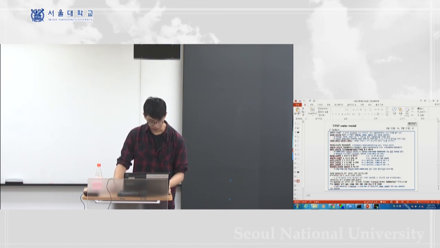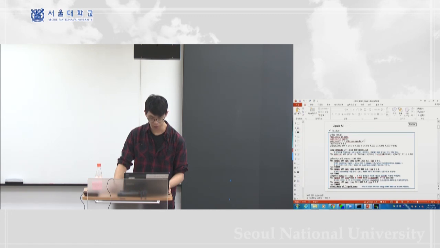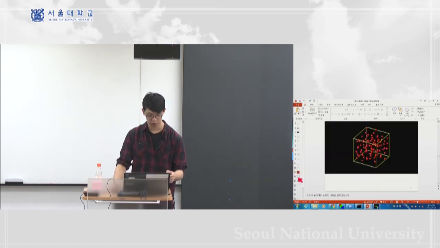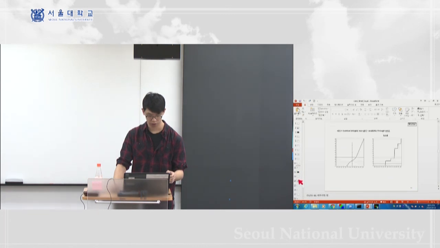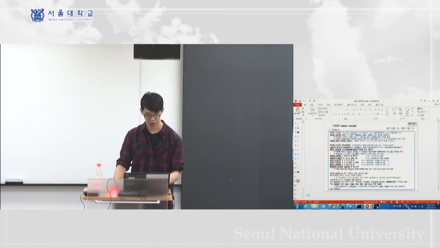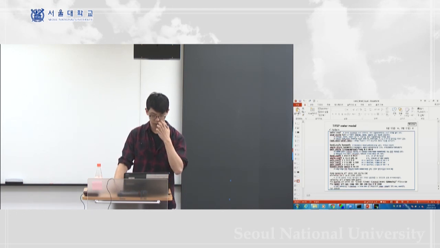And then here, instead of bringing up the potential file in the input file, we're gonna build up the potential within the input file here. So you have to set the bond style, angle style, and pair style here in the input file.